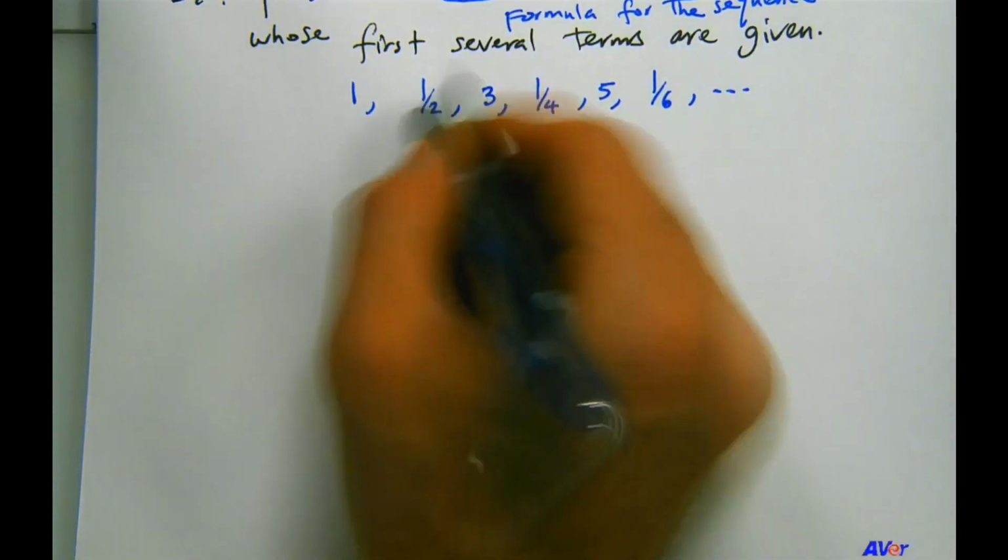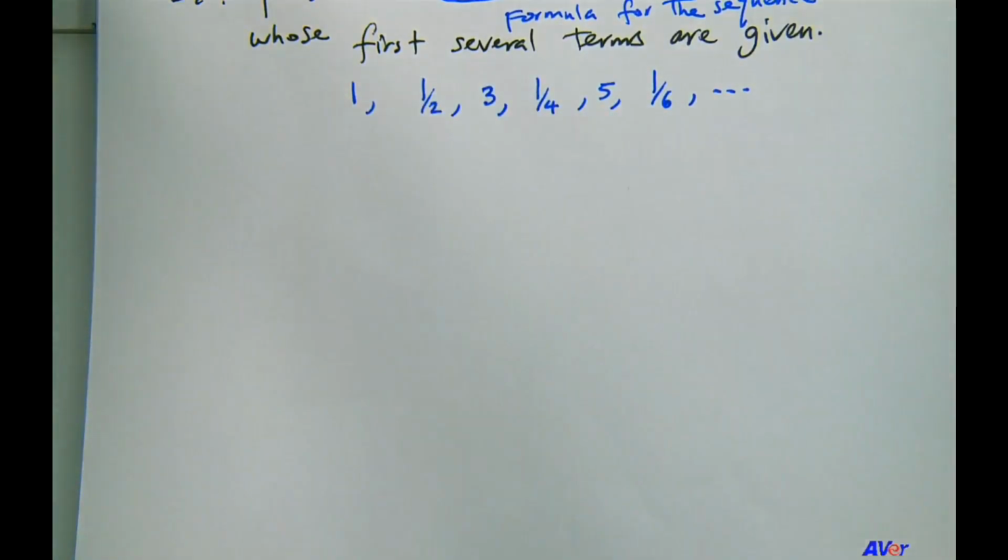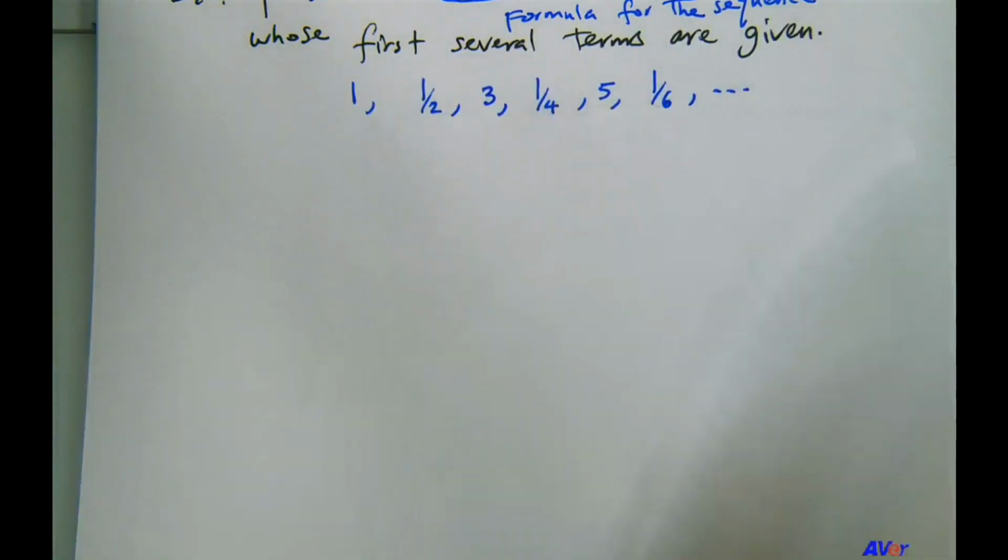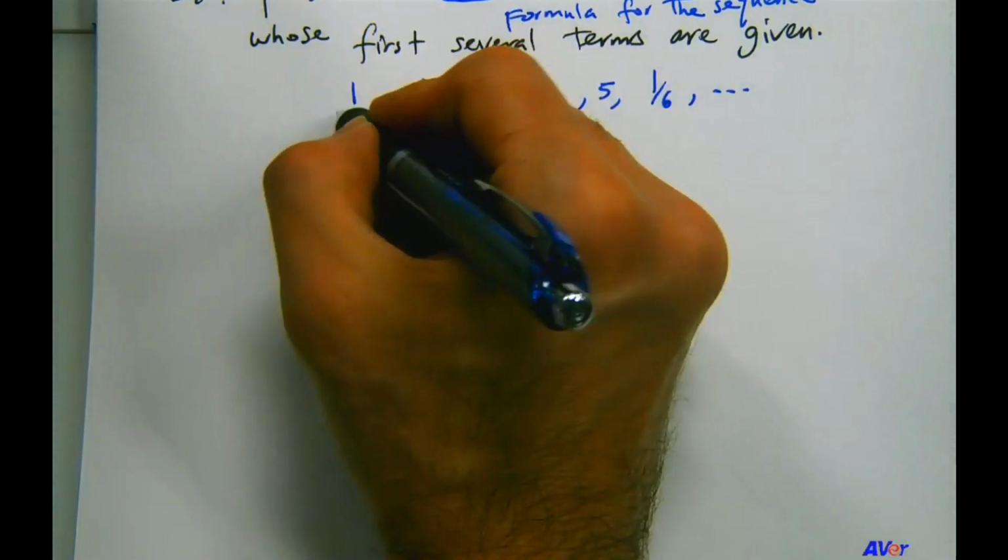As a preliminary way of finding the connection between these digits, let's just label these.